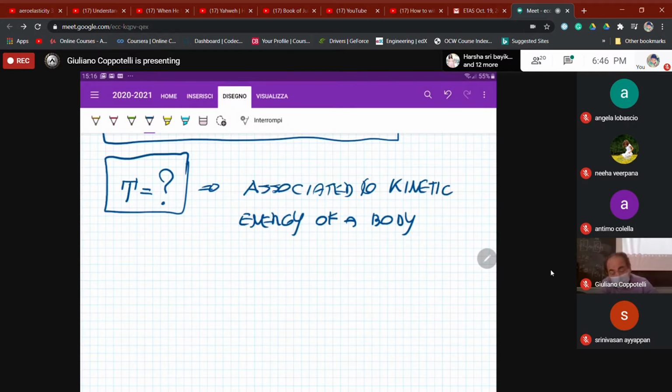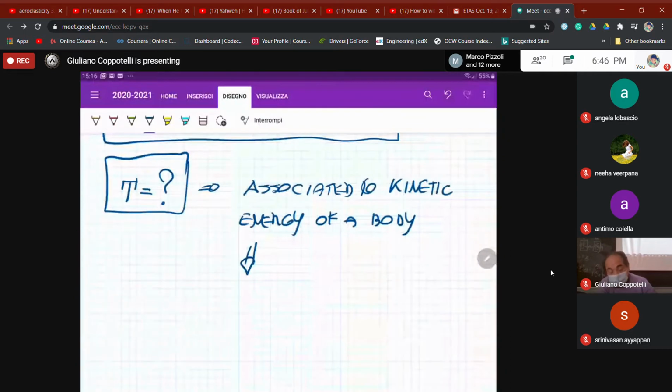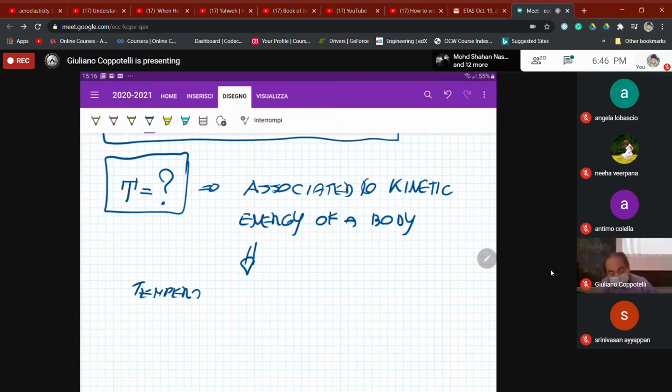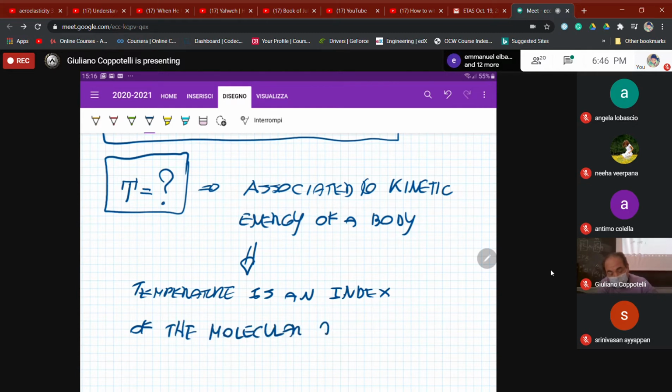Okay, and actually it measures that kinetic energy. So temperature is an index of the molecular activity.